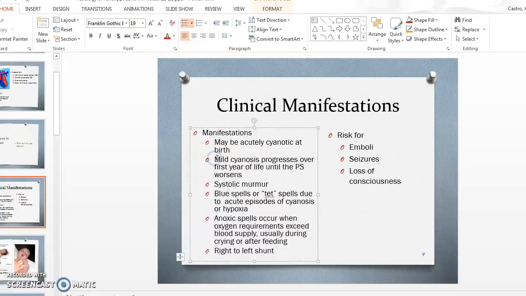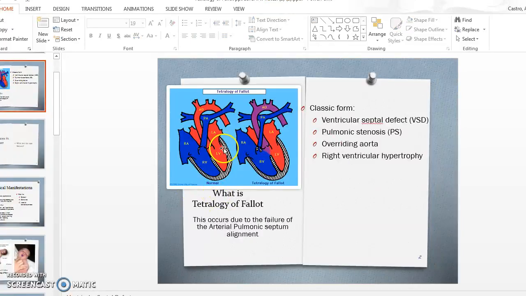So if we go back to our pressure differentials, if we don't have as much of a problem getting blood out here, then our right-sided hypertrophy might not be that bad, and we're still going to get some blood mixing, but this left ventricle is nice and strong, and if the pressure's low over here, then there won't be as much mixing of the deoxygenated blood that's being pumped out.